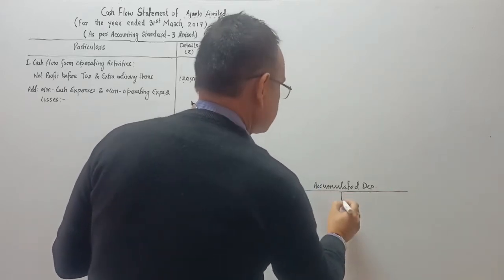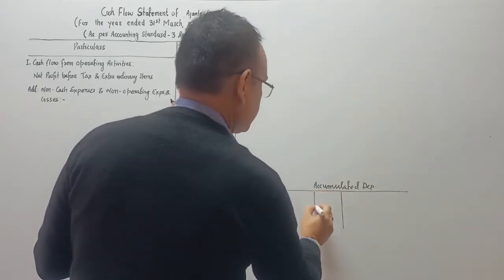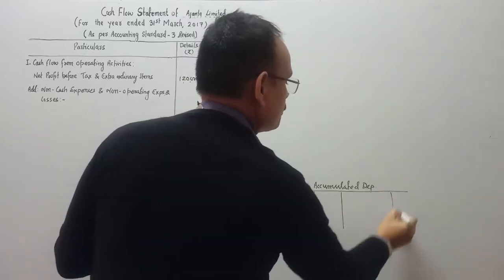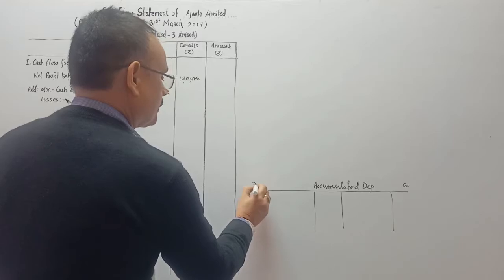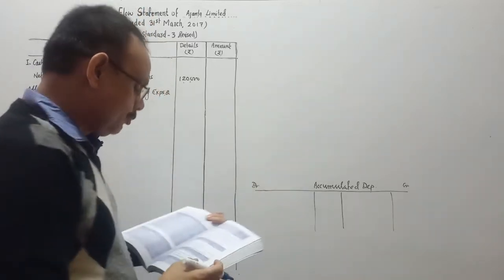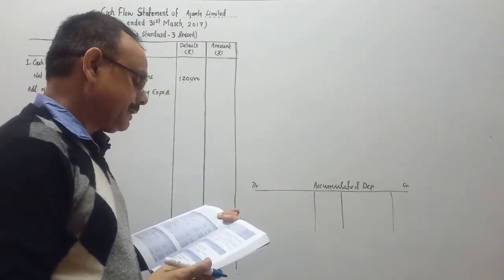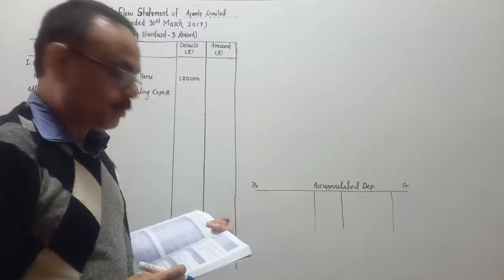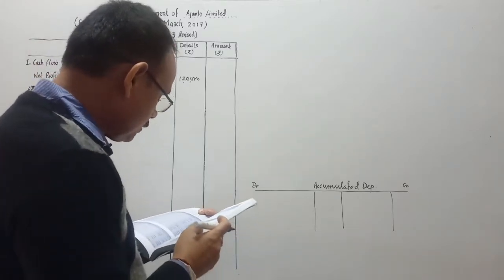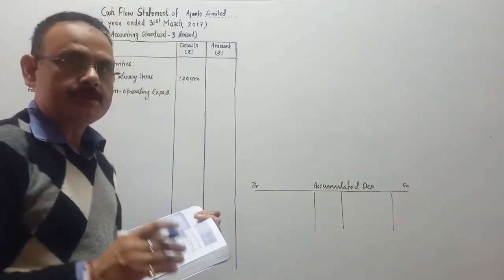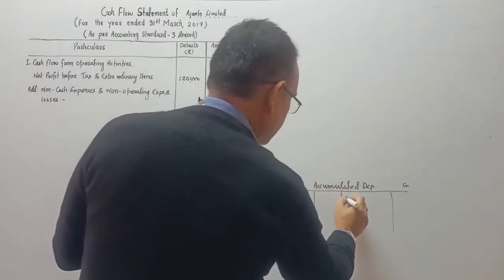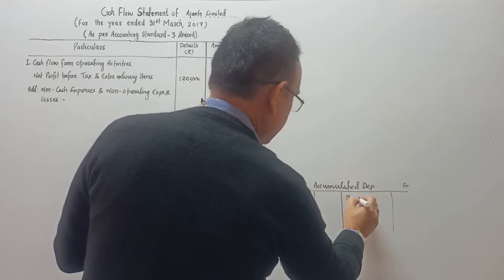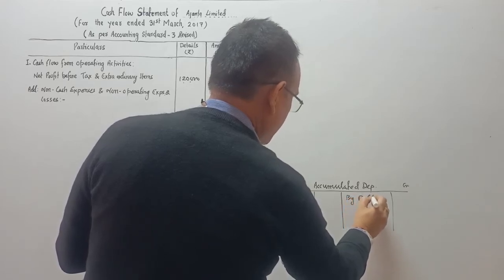Now see, in this accumulated depreciation we are going to prepare this ledger from the information given. So in accumulated depreciation you see the note number 4, the opening balance of accumulated depreciation. Accumulated depreciation has a credit balance. So opening balance we will write on the credit side by balance brought down.